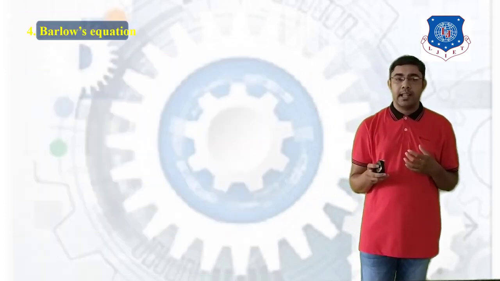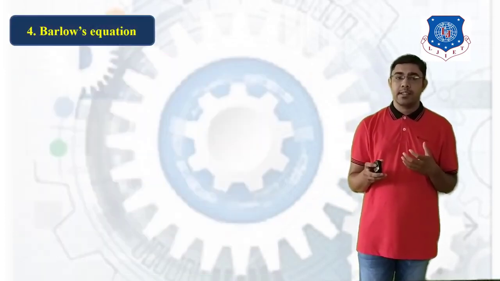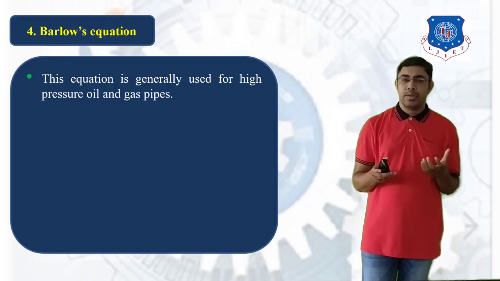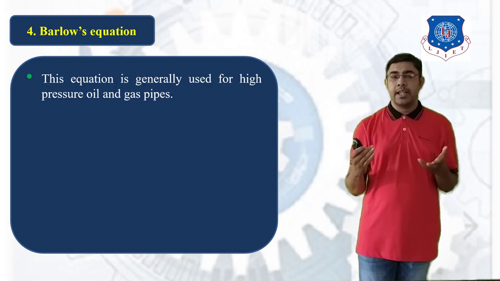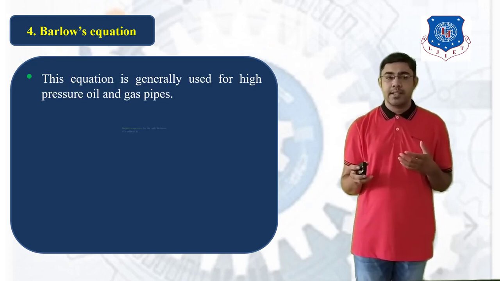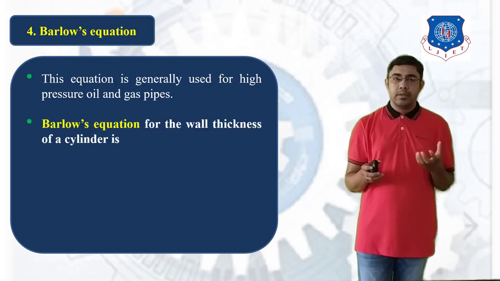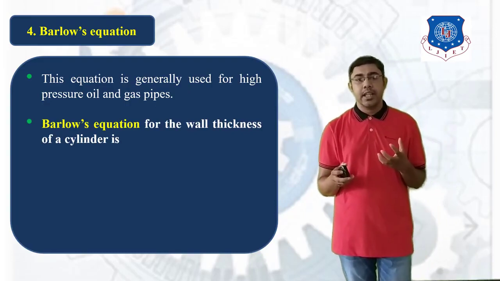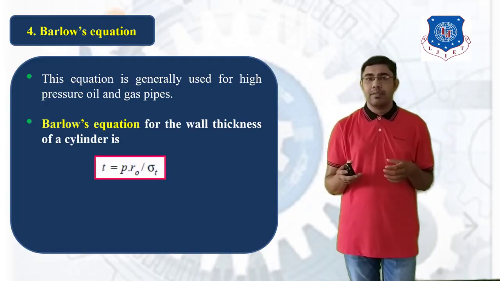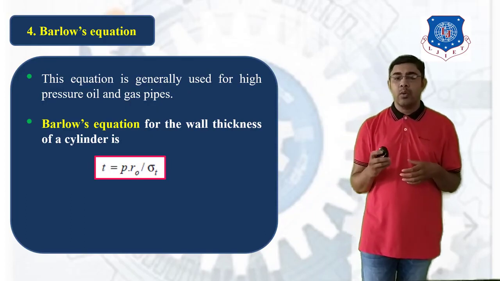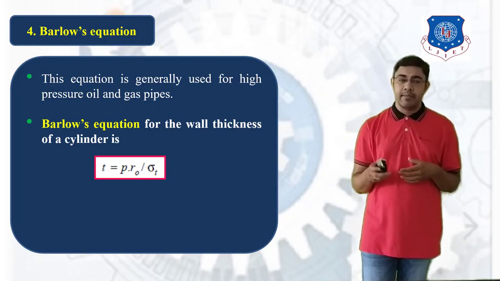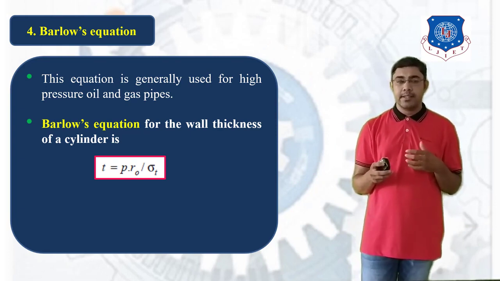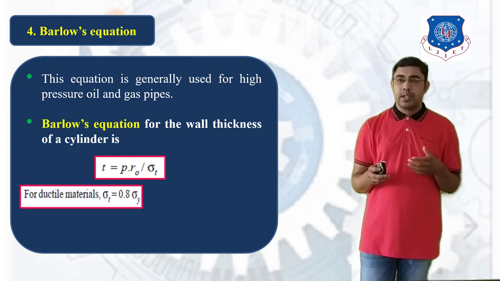Now the fourth and last is Barlow's equation. Barlow's equation is generally used for high pressure oil and gas pipes, and according to this equation, the wall thickness of the cylinder is given by t is equal to P into Ro divided by sigma T. Here sigma T is the allowable stress, P is the internal pressure, and Ro is the outer radius.